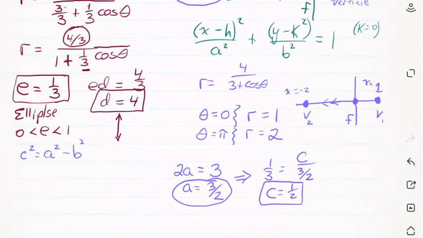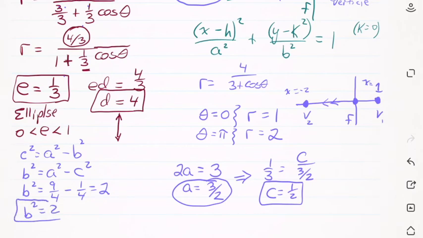Switch the b and the c to get it back to its real form, because this is how we started ellipses. And then plug in what I know. So b squared is equal to 9/4 minus 1/4, better known as 8/4, better known as 2. So b squared is equal to 2. And I'm going to leave it like that because in the bottom of my formula is b squared.